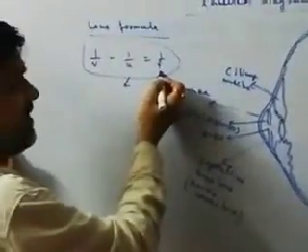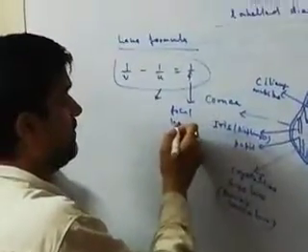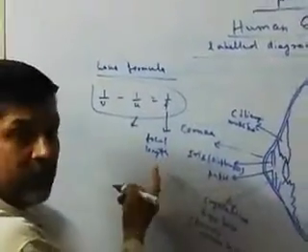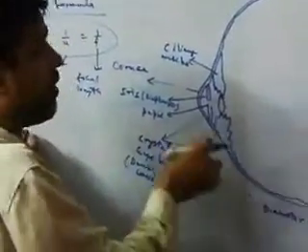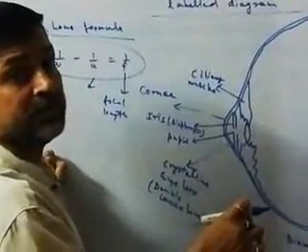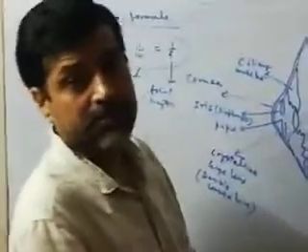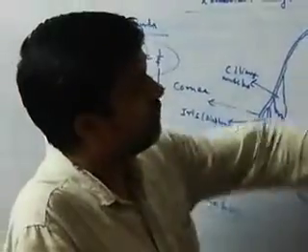Focal length has to be adjusted. So focal length of the eye lens is adjusted with the help of ciliary muscle. That is a function of ciliary muscles. So that image will always fall on the retina.